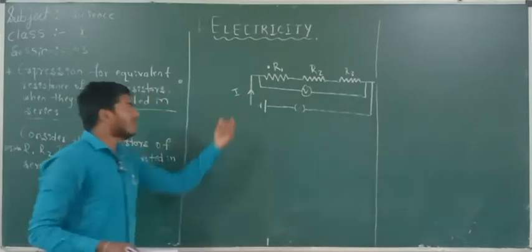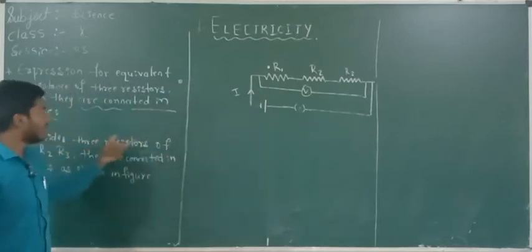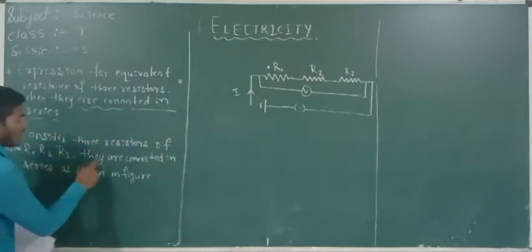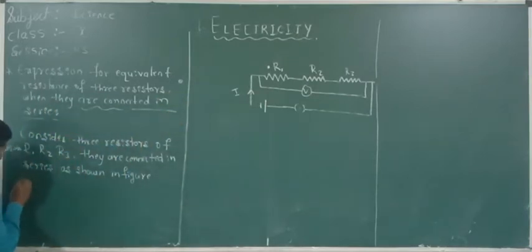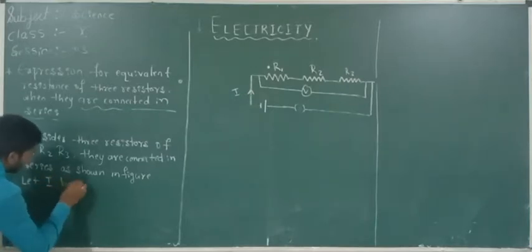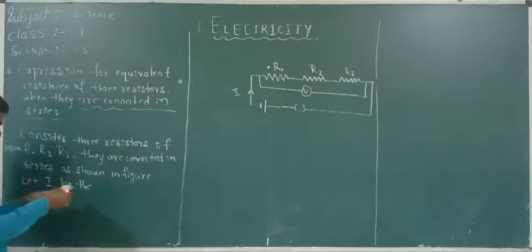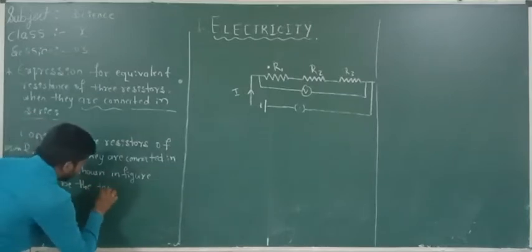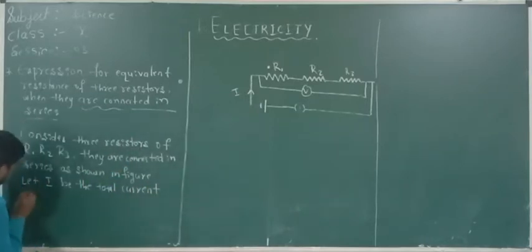Let I be the total current flowing through the circuit. Consider three resistors of resistance R1, R2, R3 connected in series as shown in the figure, and let I be the total current flowing through the circuit.